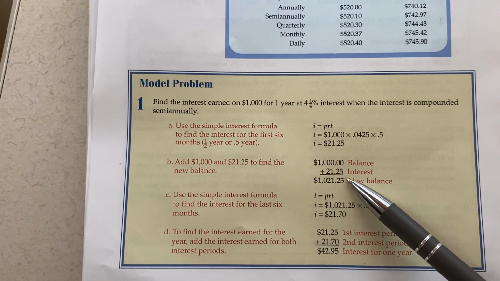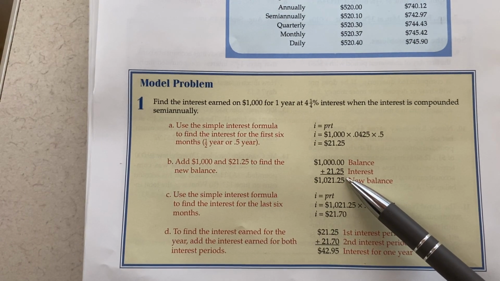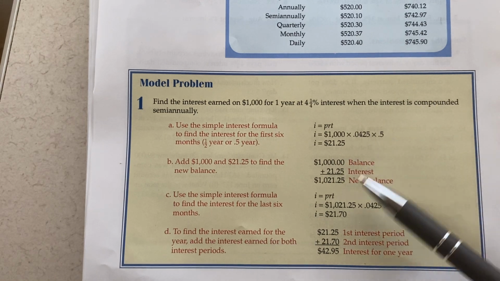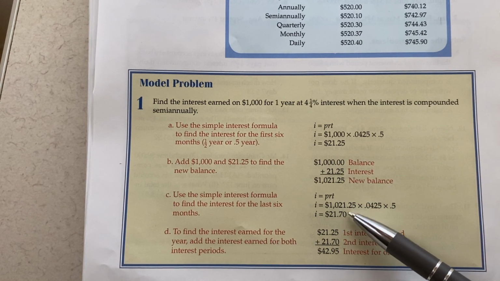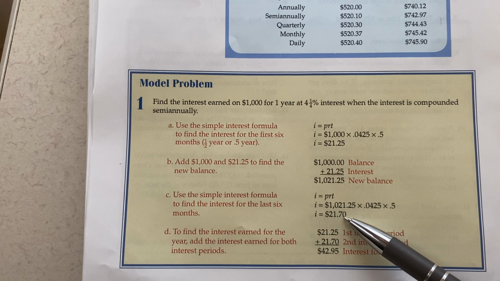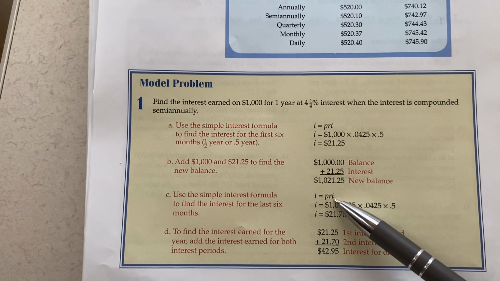So now when we compound the next 6 months, because it's semi-annually, we do it again. And so we take this number here, and basically the new balance is this, and we fill this in.